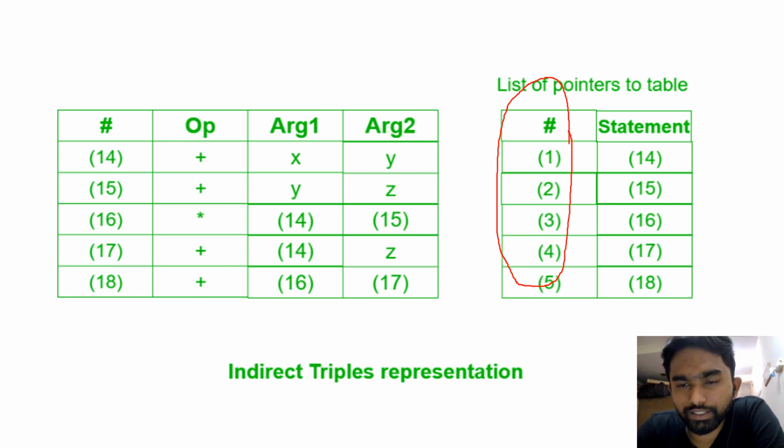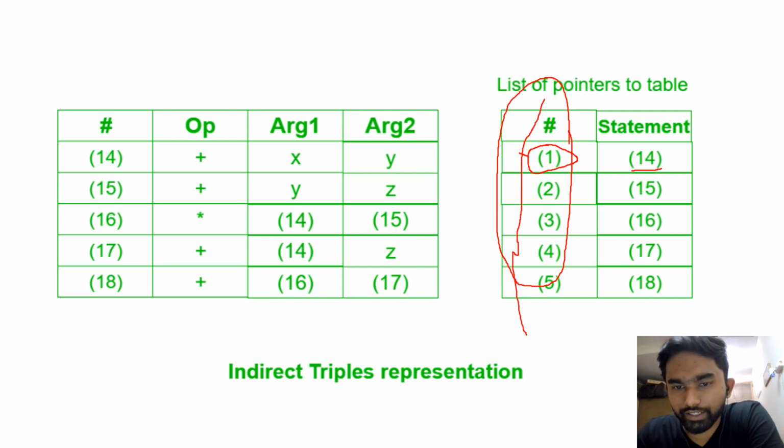So in this case, we don't have to give our value of pointer 14 to the intermediate code generator for optimization. We will give this reference, so it will reduce complexity. Of course, this array of pointers increases some space, but it is very little compared to what quadruple does.